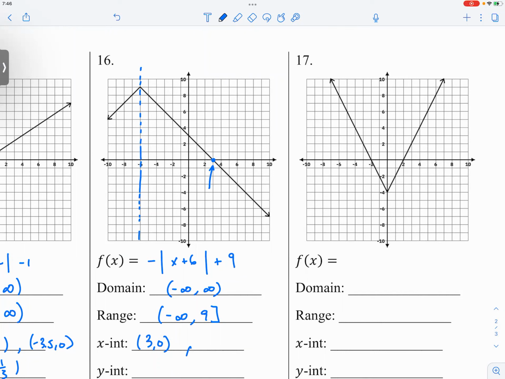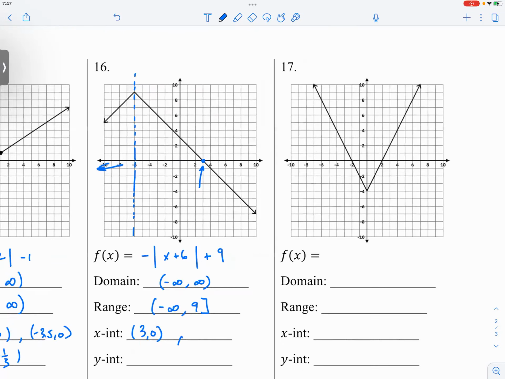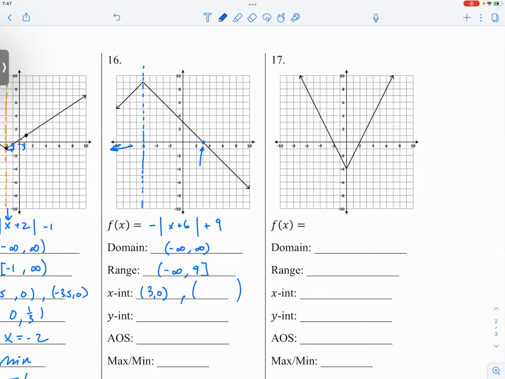So if the x-intercept is 9 units to the right of the axis of symmetry, well, guess what? There will be another x-intercept 9 units away from the axis of symmetry to the left. And what is that x value? If it's 9 units to the left of -6, -15.